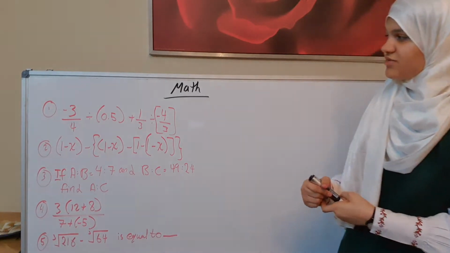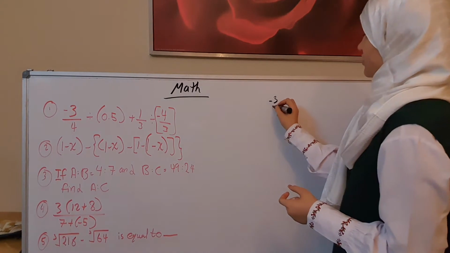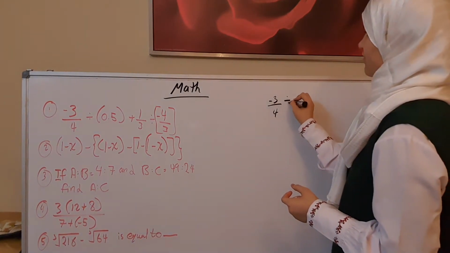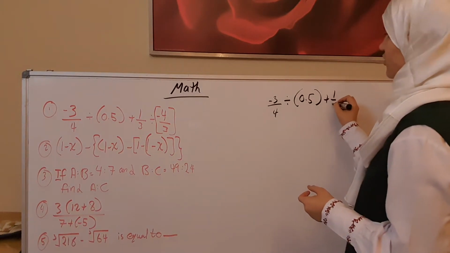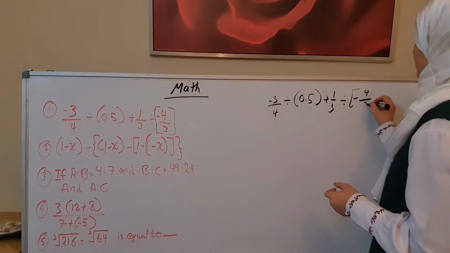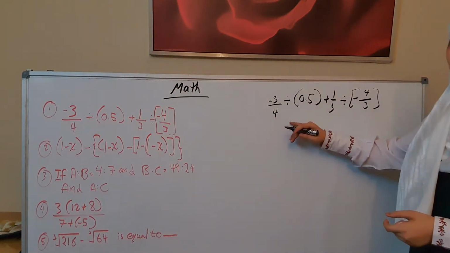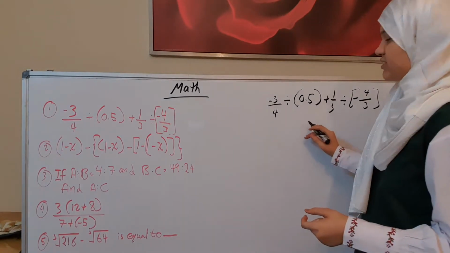So let us see the first question that says: negative 3 over 4 divided by (0.5 plus 1 over 3) divided by (negative 4 over 3). So now let us finish the brackets, that's inside the brackets.